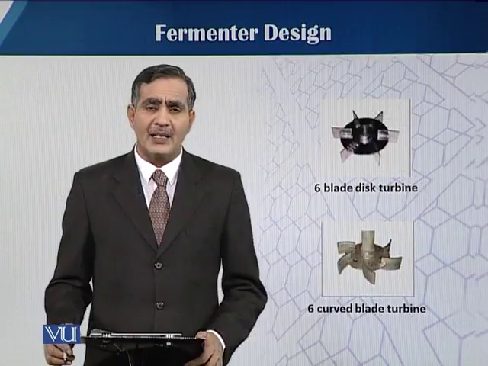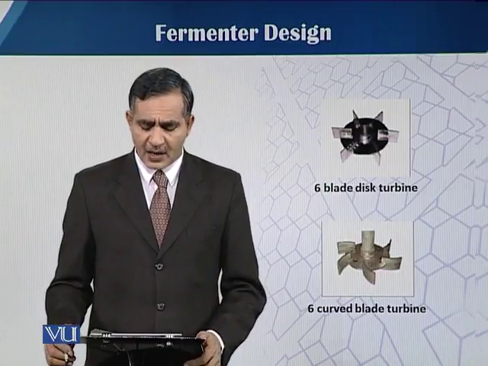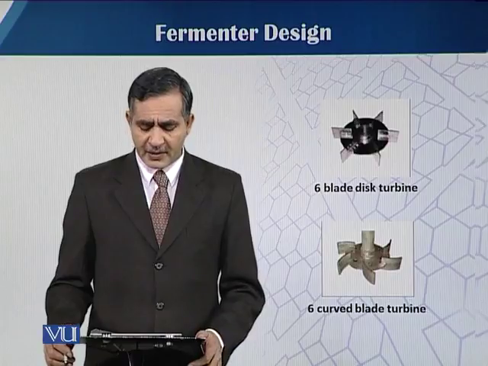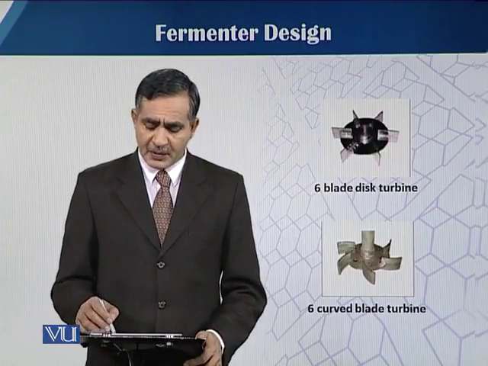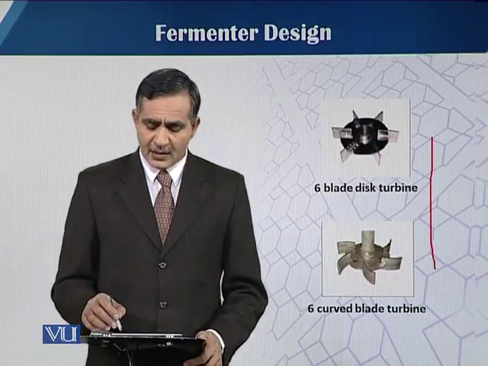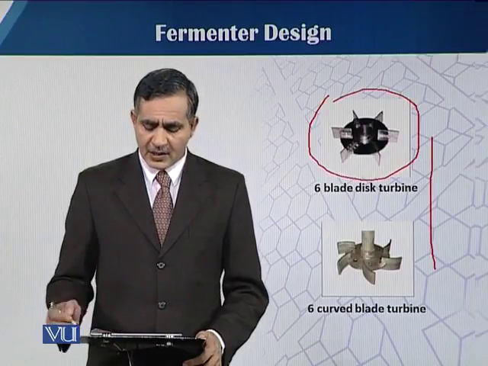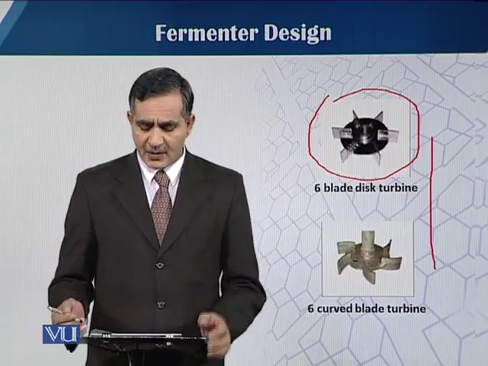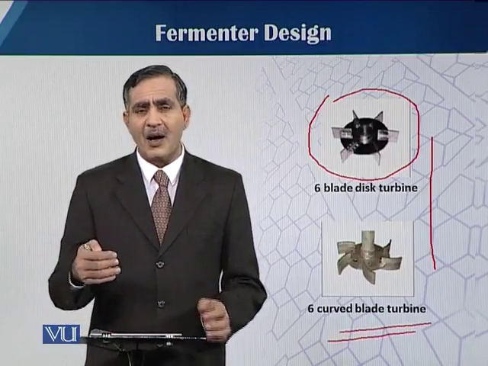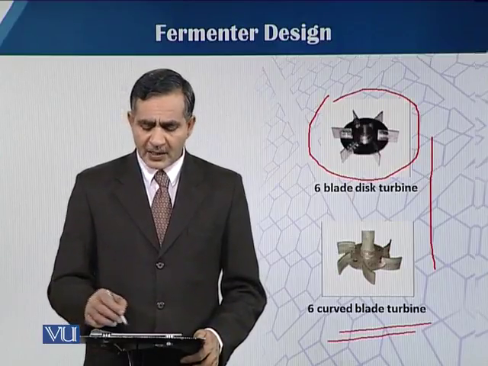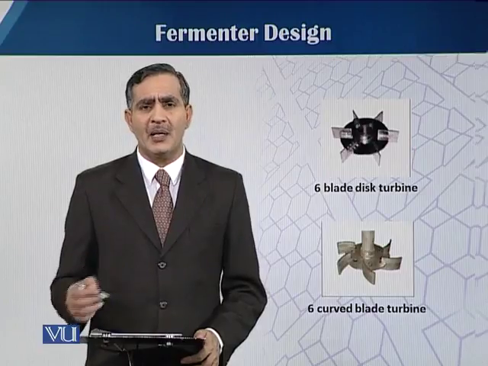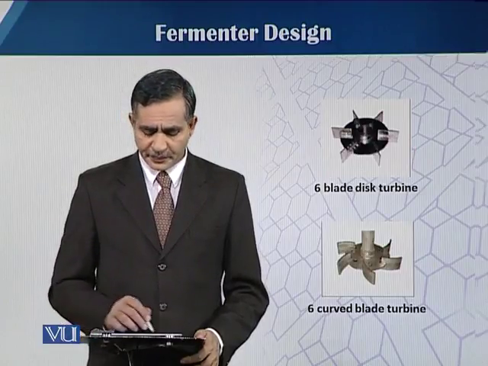Here you can see three-dimensional diagrams of a 6-blade disc turbine and a 6 curved blade turbine. The difference between these two is that this turbine has straight blades, but in the lower case there is a curve in the blades. It is a minor difference, but both categories mostly come under radial flow impellers.